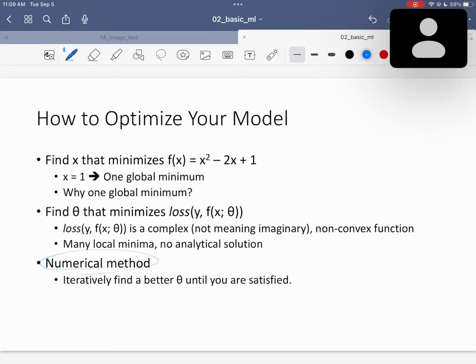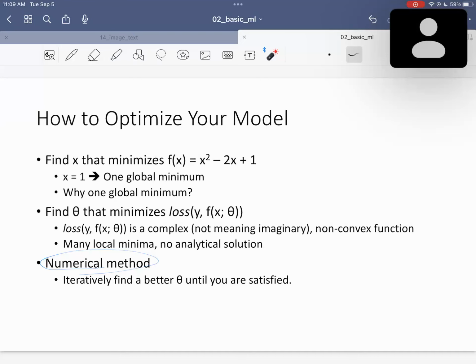So you want to employ a numerical method. The typical strategy is to iteratively find a better theta until you're satisfied. You start with some random theta, and then you evaluate your loss function, whether it is low enough. If it's not low enough, then you estimate another theta, and then you evaluate your loss function again.